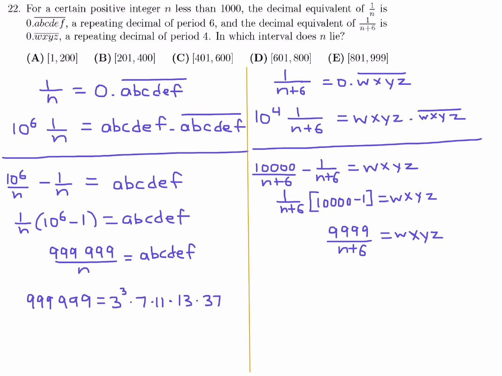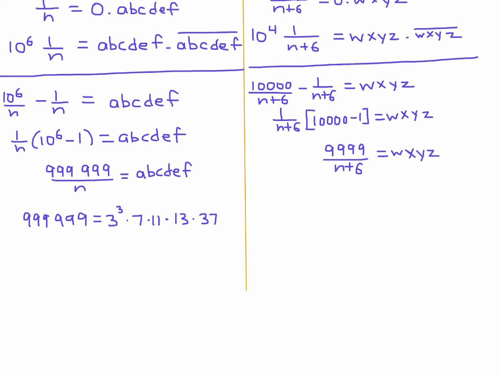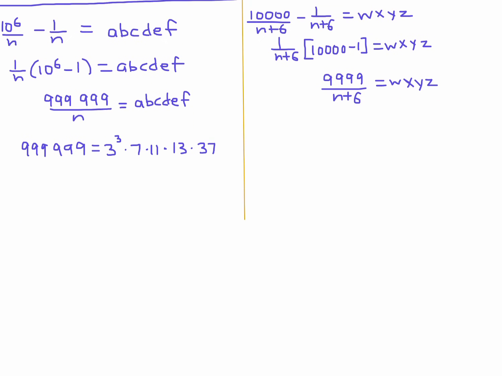All right, so now we've got a little bit of help, because now we know that n plus 6 has got to be some factor of 9999. Well, what are the factors of 9999? I think that's 3 squared times 11 times 101, 101 being a prime.